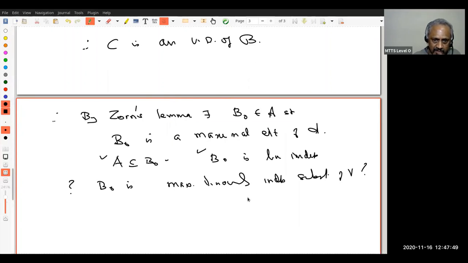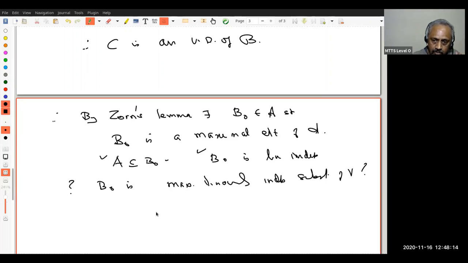This is very easy. The only thing is you should understand the need to prove this. Just because the word maximal occurs here, and you also know it's linearly independent, you cannot put them together. They mean something. This is a maximal element of script A, and as I said, it's linearly independent. But what I want to prove is that B naught is a maximal linearly independent subset of V.